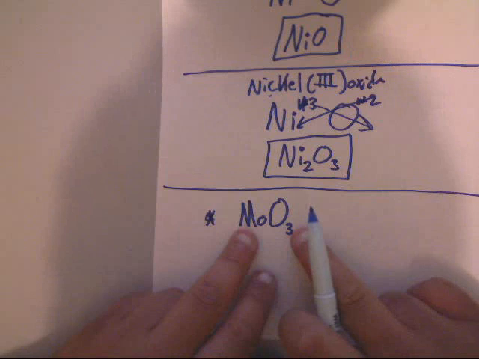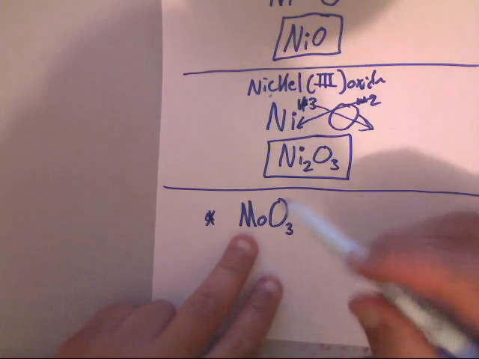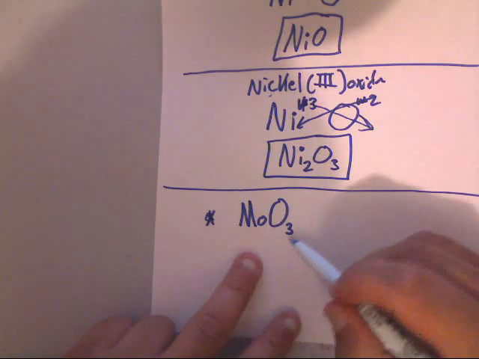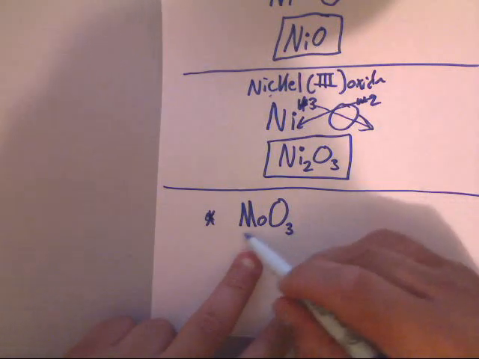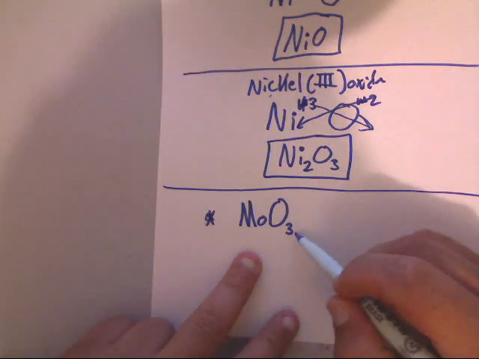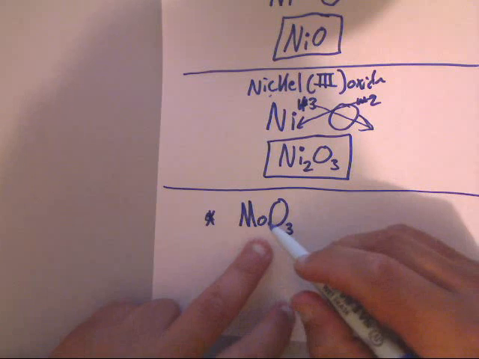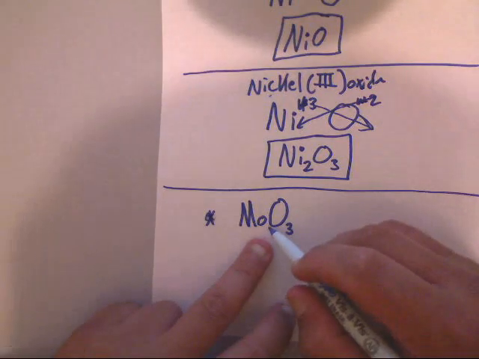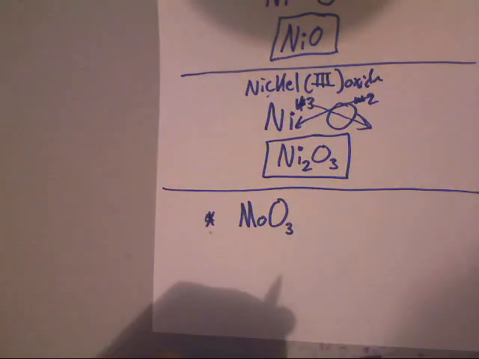I did this one in class, so let's make sure that we can do this. If you're trying to name this, the best thing to do is to work backwards. What I mean by work backwards is make sure you know every subscript that's here. I see a 3. I don't see any other number. Well, there is another subscript here. You can't see it, but it is the number 1.